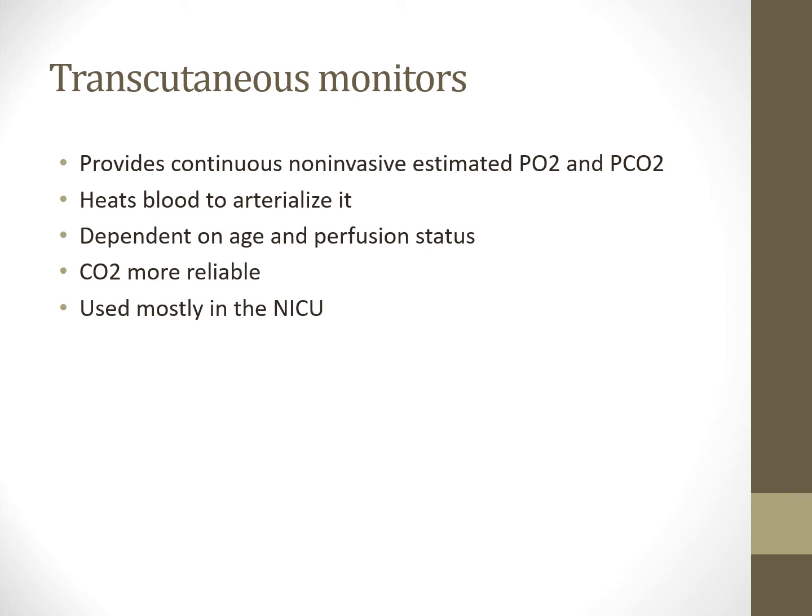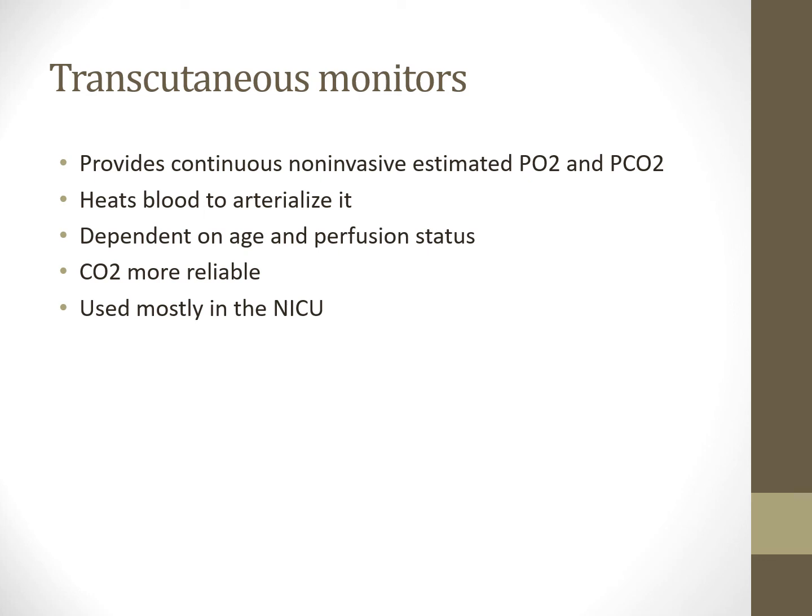42 to 44 degrees centigrade, so it heats up the skin, and what happens to your oxygen levels as you have more metabolism? Well, oxygen gets consumed, and therefore the PO2 on this is not going to be as accurate as following the CO2 on this. So usually we're following more the CO2 than the PO2. It heats the blood up. It depends on the perfusion status how accurate it is, right?